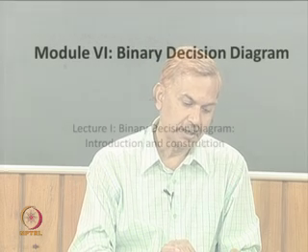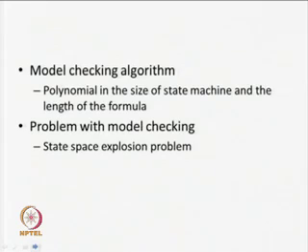When we discussed this model checking algorithm, we found that we have a polynomial time algorithm to do CTL model checking, which is polynomial in the size of our Kripke structure, that is, the size of the graph state space, and also polynomial in the length of our given formula.